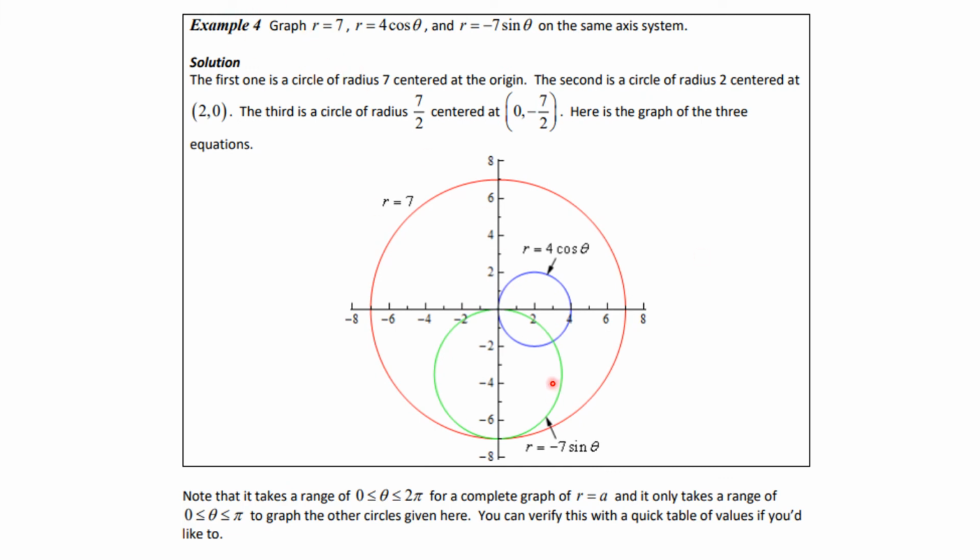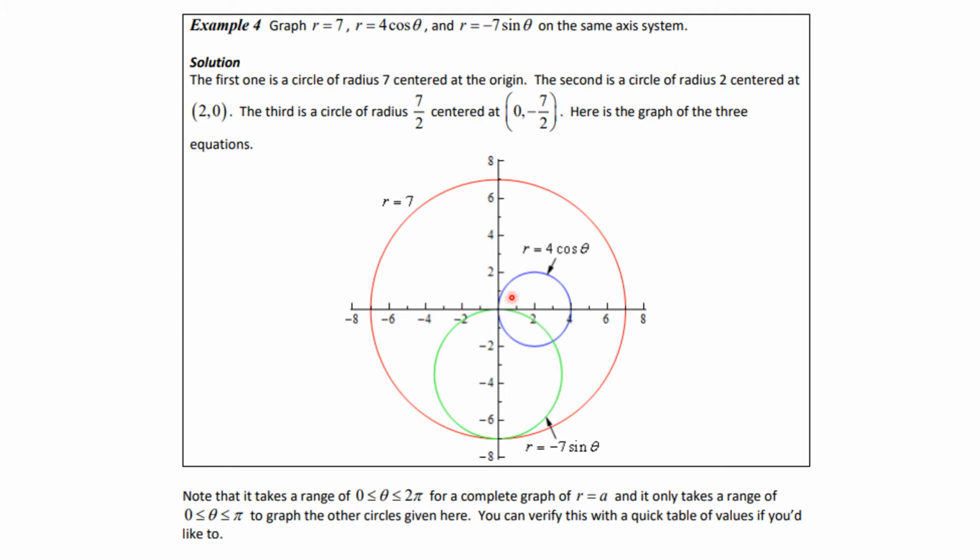So r equals 7 is going to be centered at (0, 0) with radius 7, so that's the big red circle. r equals 4 cosine theta is going to be centered at 2. Remember, there was a 2a there. It's centered on the x-axis, so that will be the blue circle.